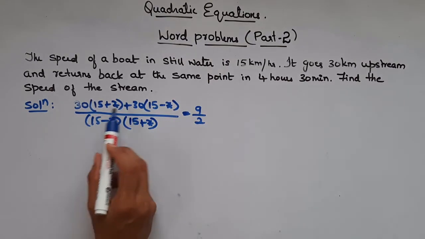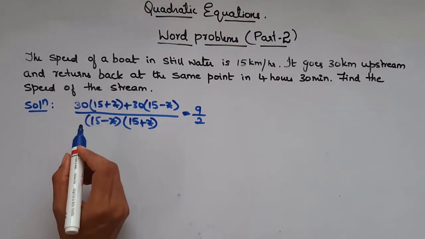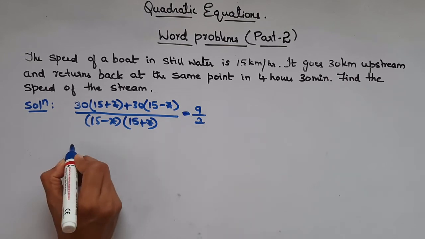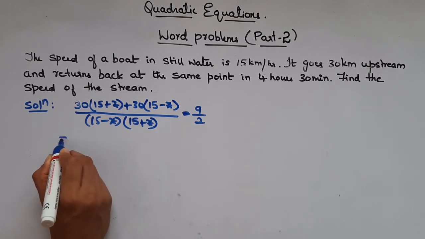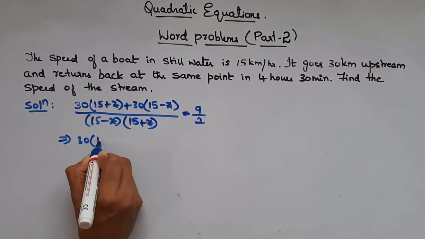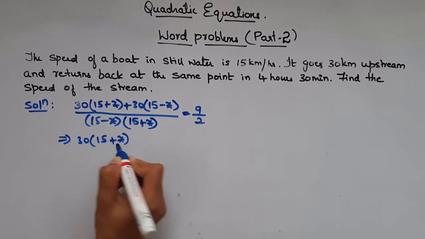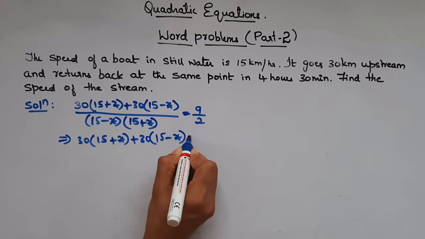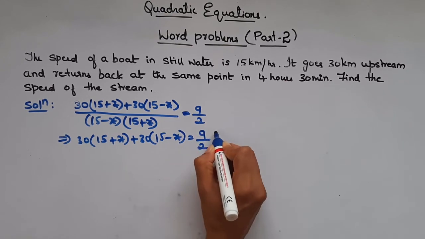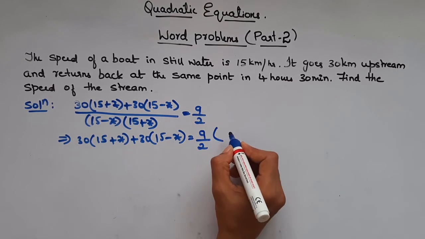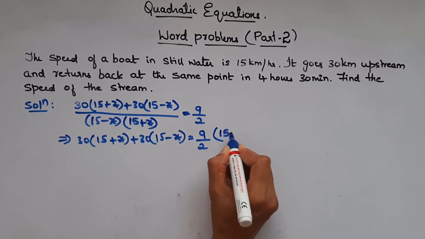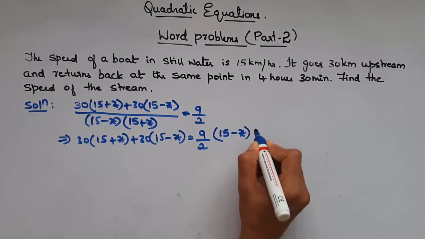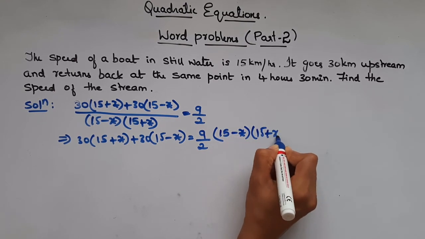So now we have this equation from the previous slide, right? So now let's cross multiply here, which implies 30 into 15 plus x plus 30 into 15 minus x is equal to 9 by 2 into, bring this whole term to the other side, so that will be 15 minus x into 15 plus x, right?